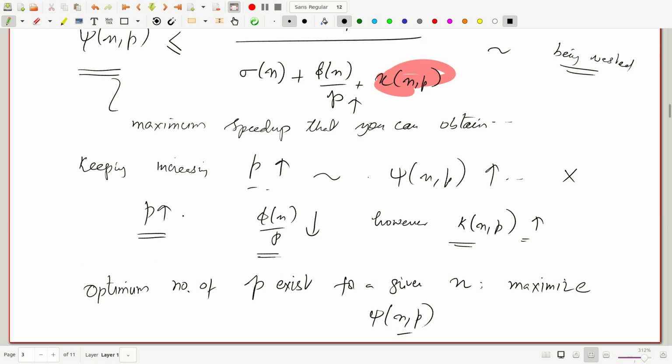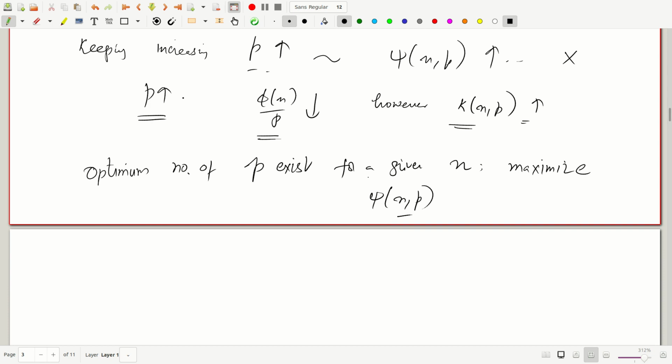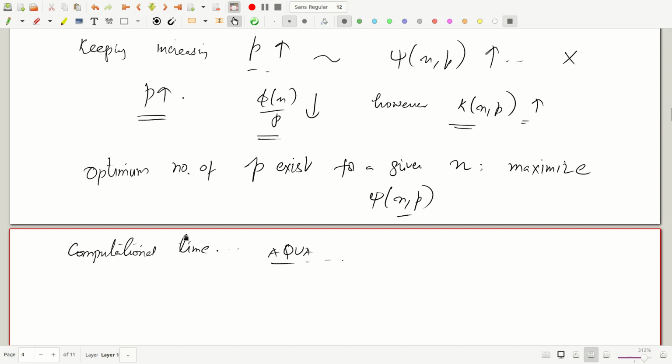Before we go into the efficiency, let us say you have to purchase or ask for some computational time on a particular machine. It could be on Aqua or any other machine. Let's say you're writing a proposal and you have to give the amount of computational time you would need to run your simulations.